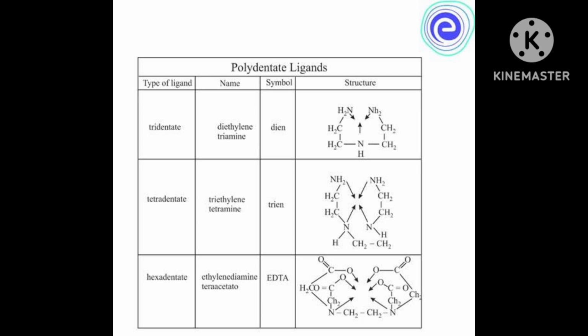Now I told about the octahedral, tetrahedral, square planar. Similarly, trigonal bipyramidal is also there. One coordination polyhedron is trigonal bipyramidal. Trigonal, you can understand by that term only. Here the metal will be in the center, and one ligand will be upside and one will be down.